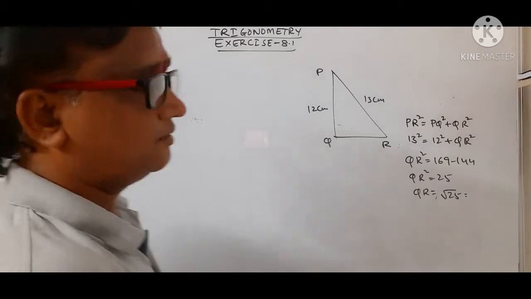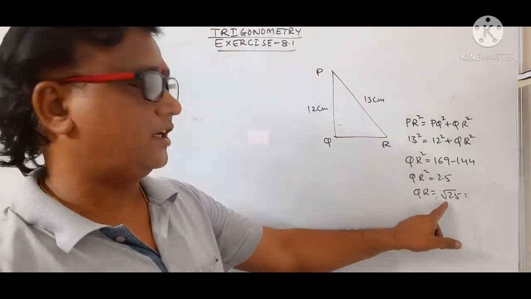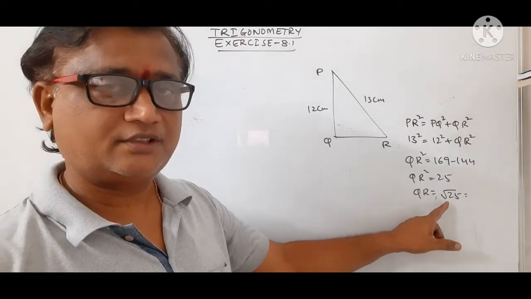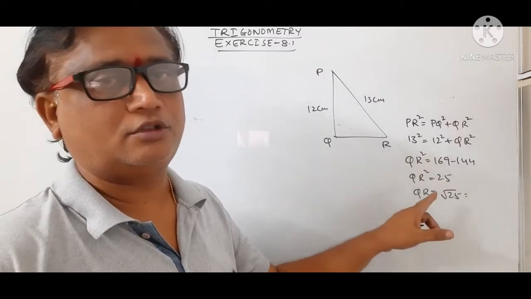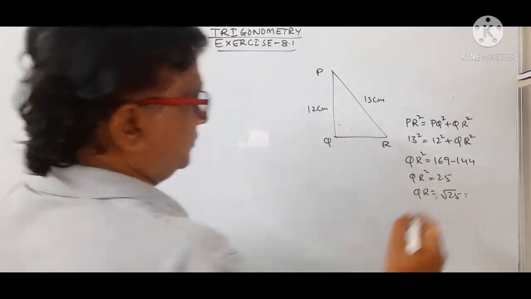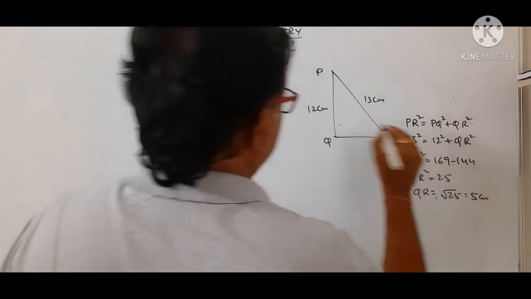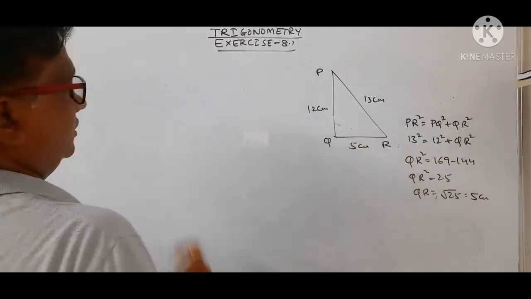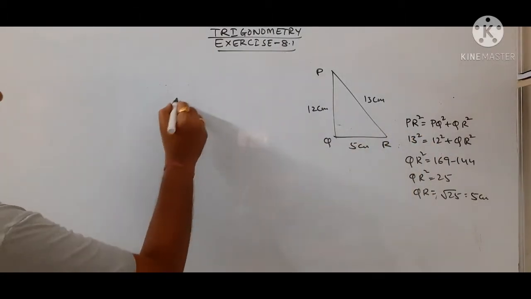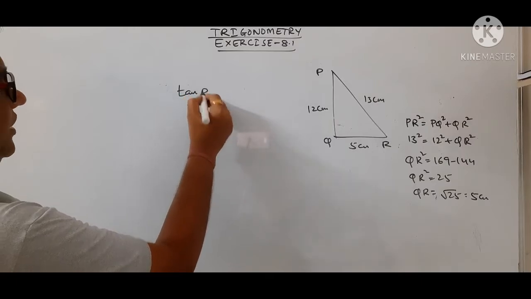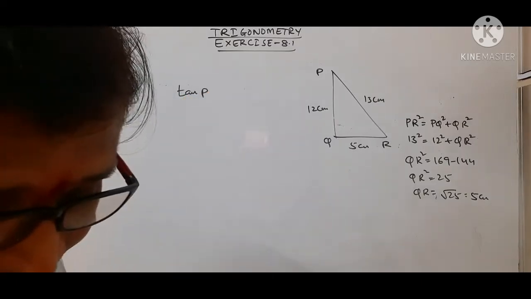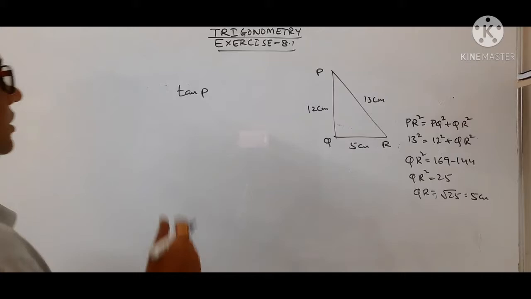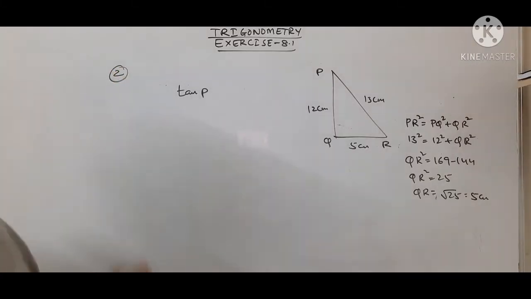Remember, length is always positive. If you write plus or minus 5, we take the positive only, because length is always positive. So this is 5 centimeters. Now the question is tan P minus cot R.